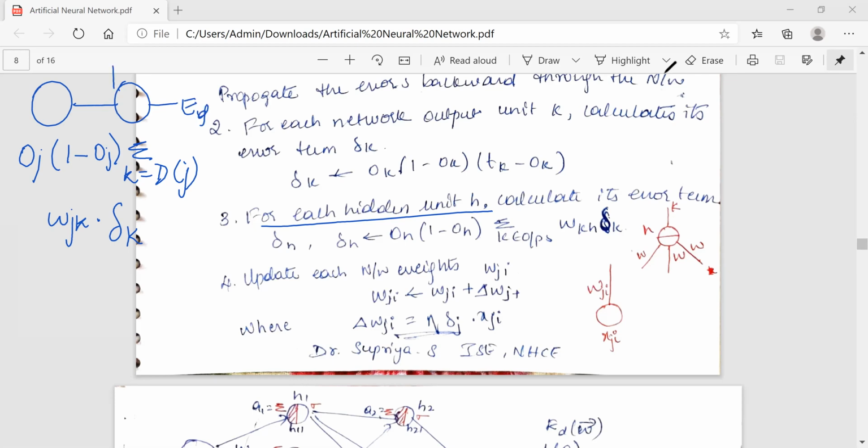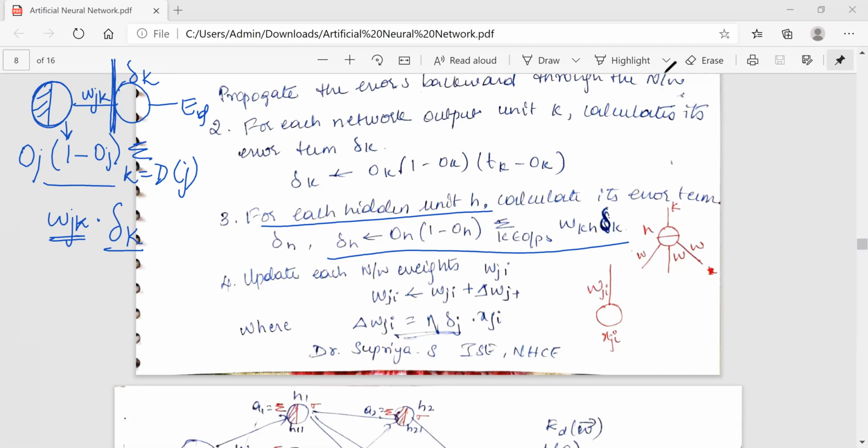So this term becomes delta K. This is WJK, and we have that value, and OJ into 1 minus OJ is one value of the neuron, right? So we take all of these three values, and that becomes our hidden unit delta H.